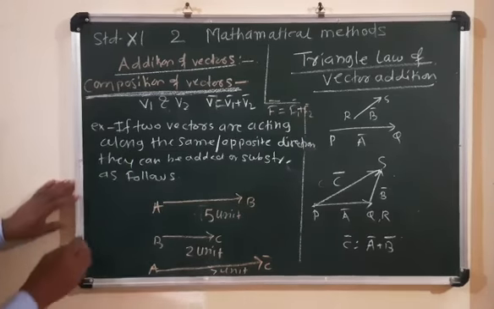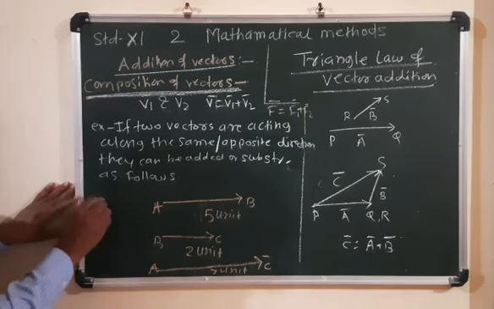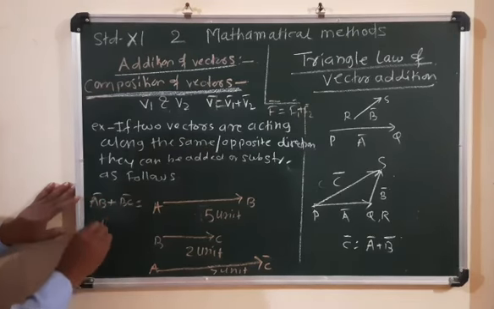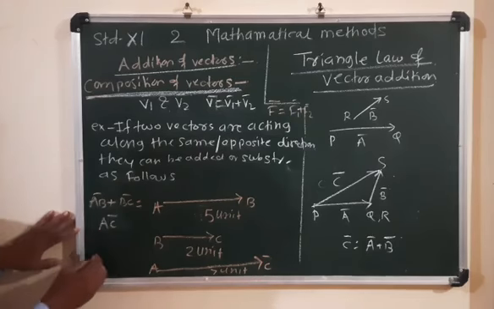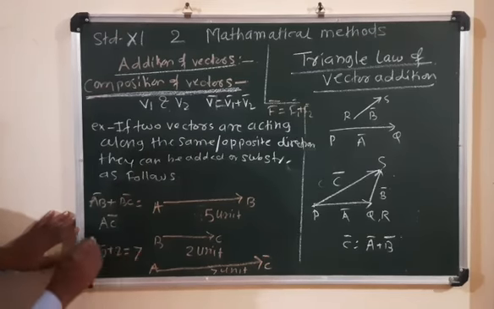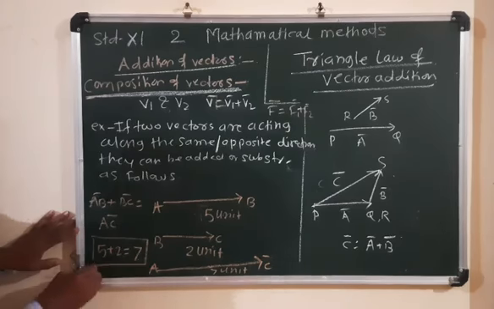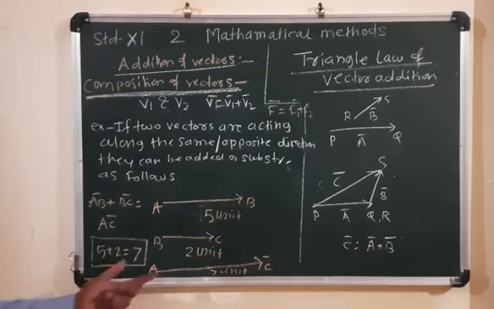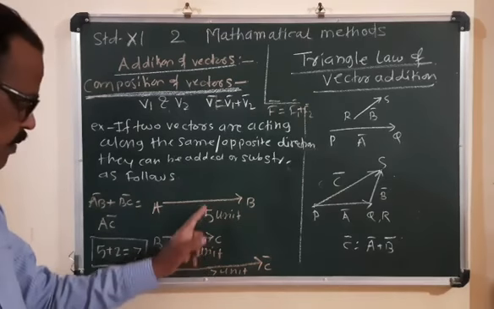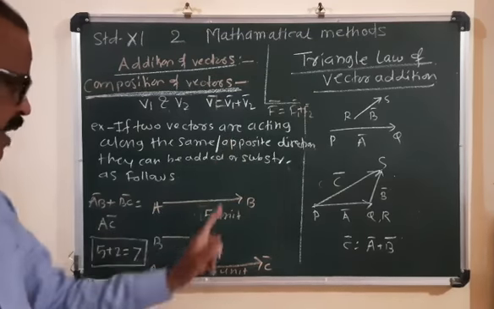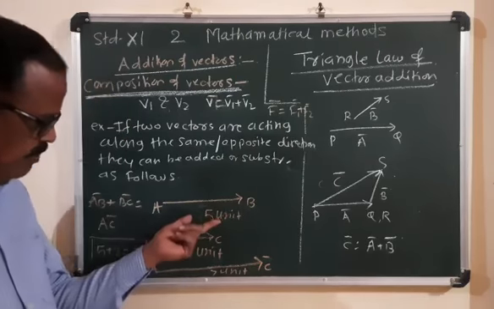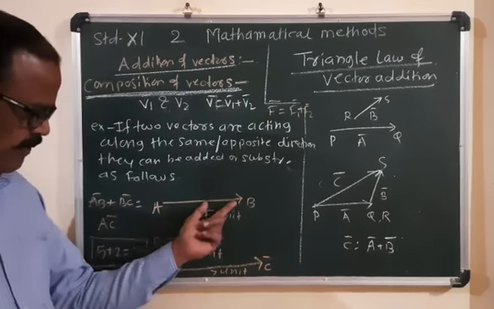That is, in this case, AB bar plus BC bar is equal to AC bar, that is 5 plus 2 is equal to 7 unit. This is the addition of two vectors. The direction of both vectors is along the same line, and the arrow indicates the magnitude of the vector.